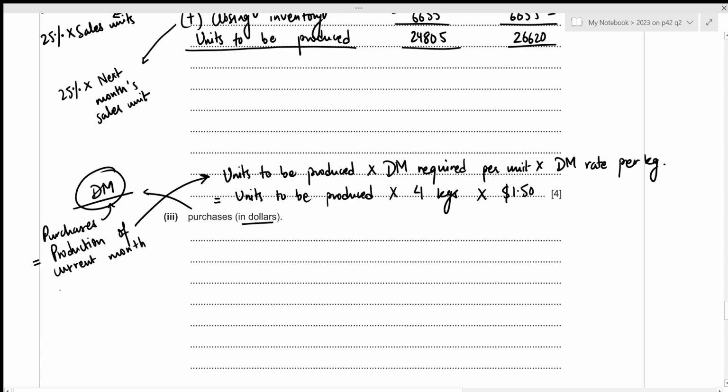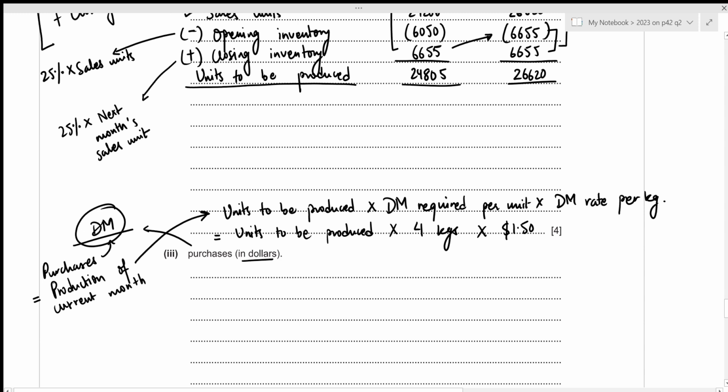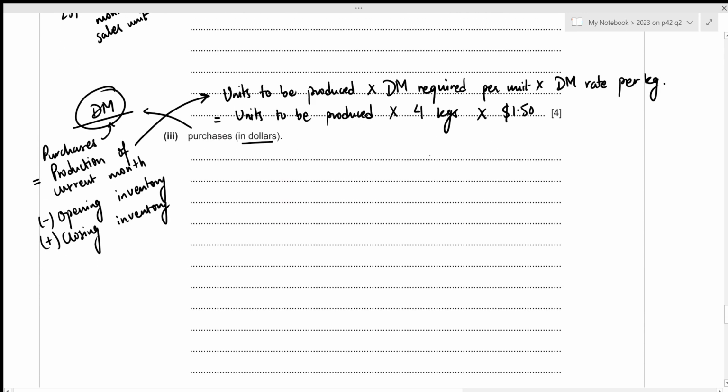Okay, then the next thing that we need to do is similar to that of our production budget. So we subtract the opening inventory, and then we add the closing inventory. We follow the same format here as well. Again, this is for the months of May and June.